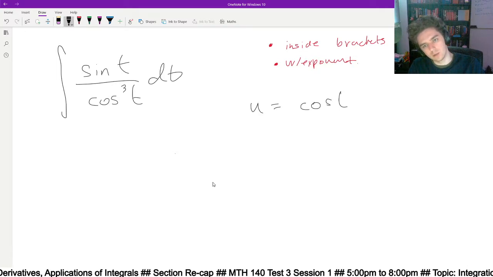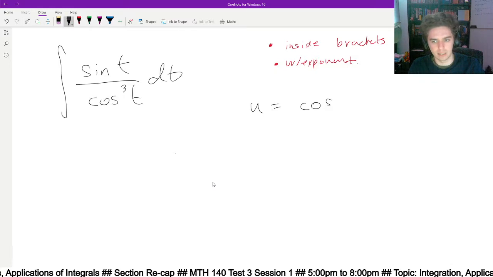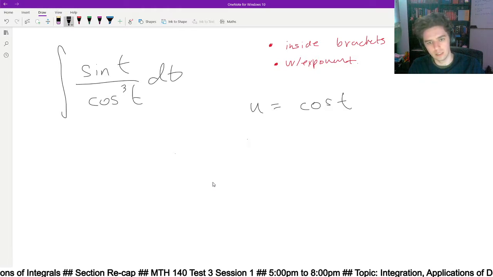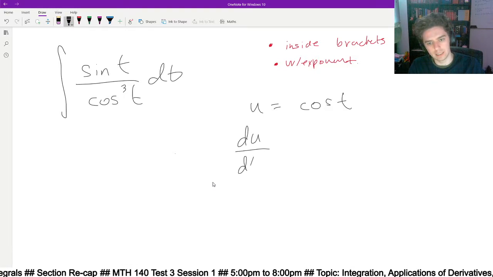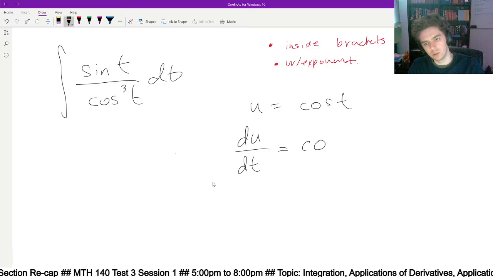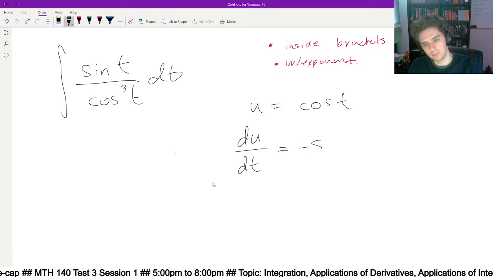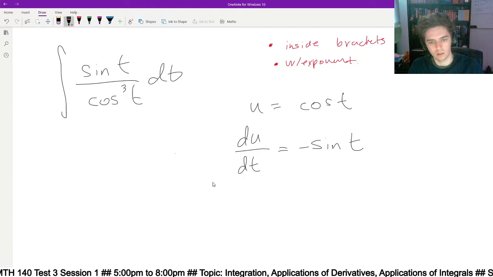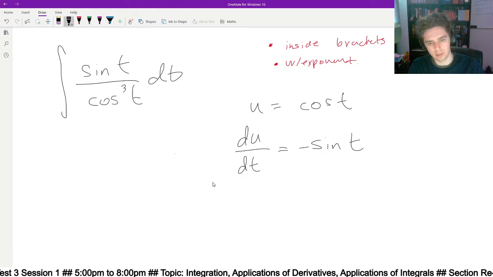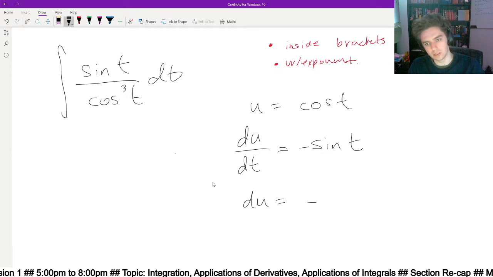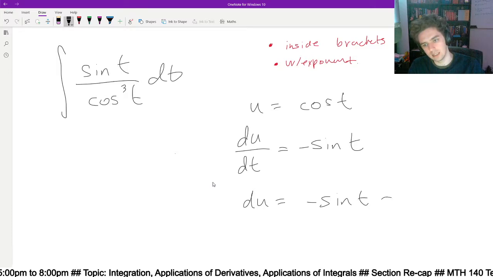So I'm going to say u equals cos t. Okay, I'll make that clear. That's a t. u equals cos t. So du by dt is equal to negative sine t. And what I'm going to do is multiply both sides by dt. So du equals negative sine t dt.